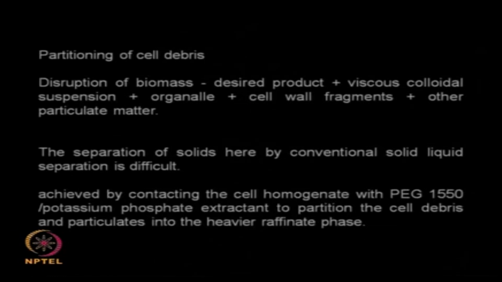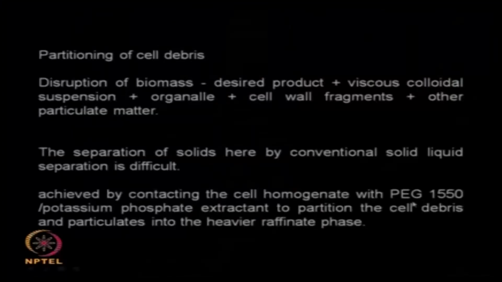You can use this type of aqueous system for partitioning of cell debris as well. Once I disrupt a biomass because my product is intracellular, you are going to have the desired product, a viscous colloidal suspension, organelles, cell wall fragments, other particulate matter, salts and so on. General solid liquid separation may be difficult, that means, if you recall, we use a filter or a centrifuge, and that may be difficult.